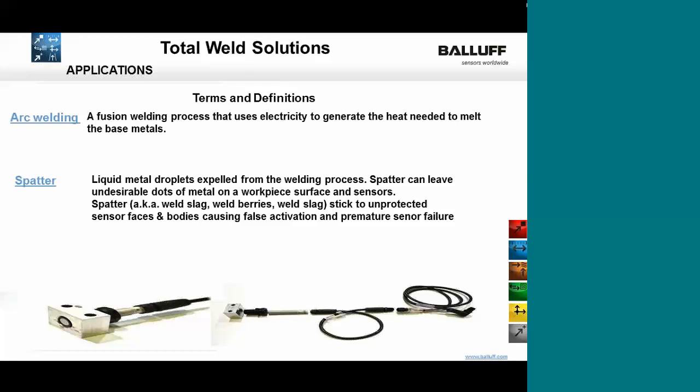These droplets will fuse to work surfaces such as sensors and cord sets. Spatter is also known as weld berries. So these will stick to the sensors and to the cables, and they'll actually cause either false activation or premature failure of the sensing devices.